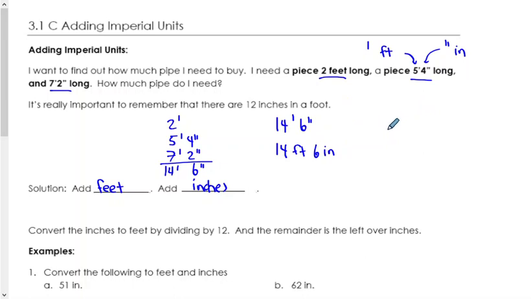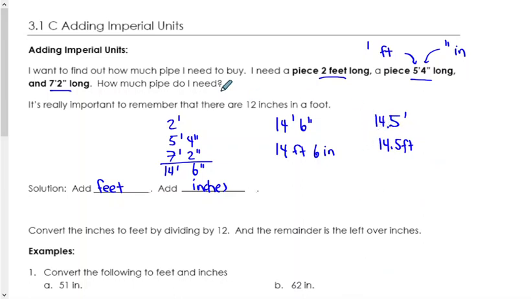You could turn it all directly into feet. I'm not specific with how much pipe do I need. So you could say 6 inches, we know from our previous example, is half of a foot. So I could say this is 14.5 feet. You're probably not going to put it into inches though.